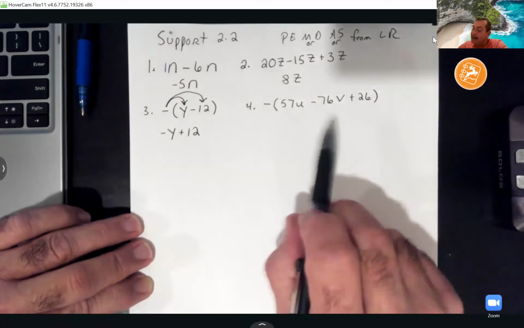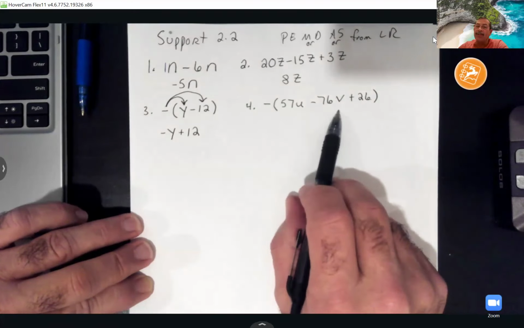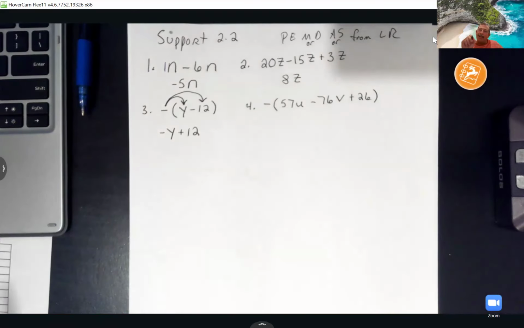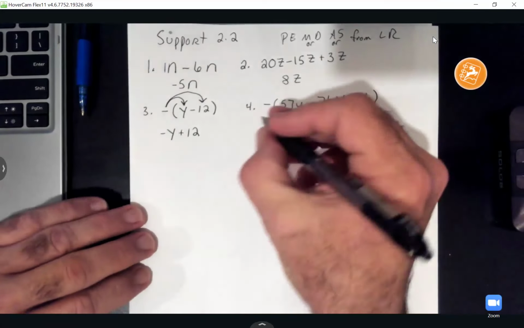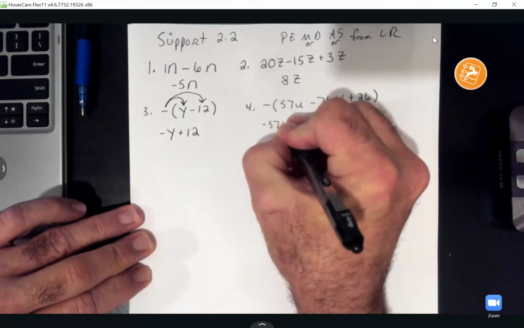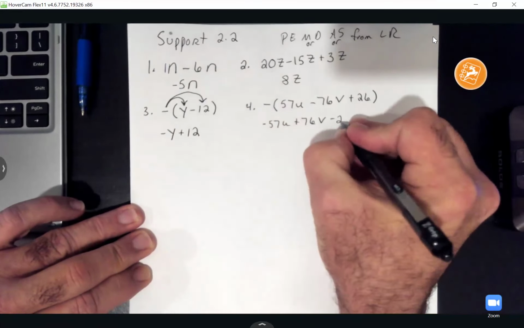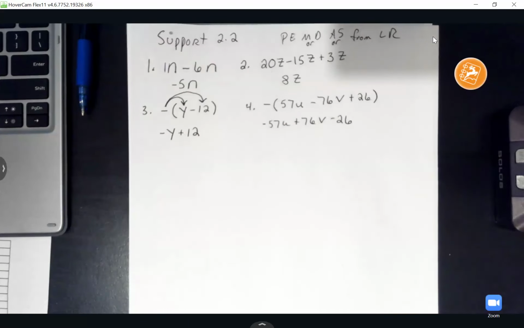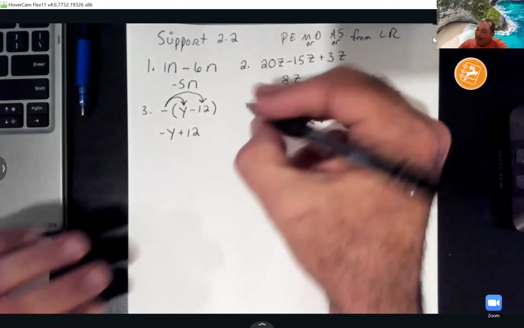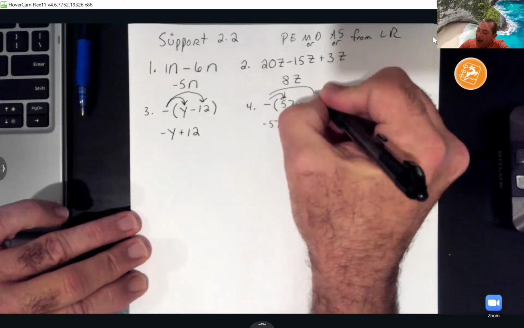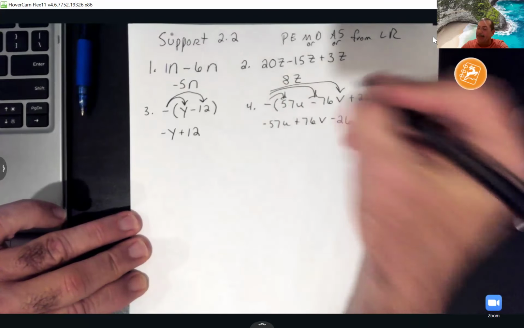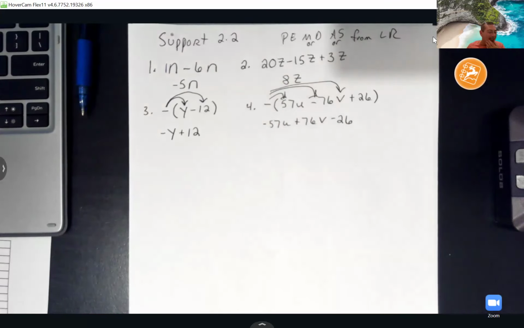Now, I will say this, there are no like terms. So all y'all can do is get rid of my parentheses. Negative 57u plus 76v minus 26. Man, that's perfect. Good job. So all we did was what? Distribute that negative to all three of those, this time inside my parentheses, okay?